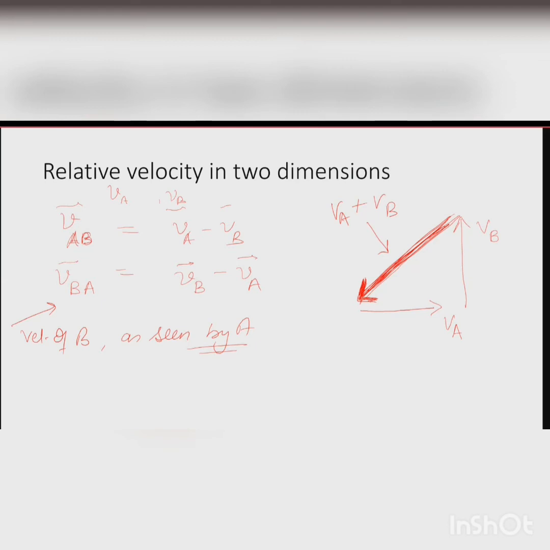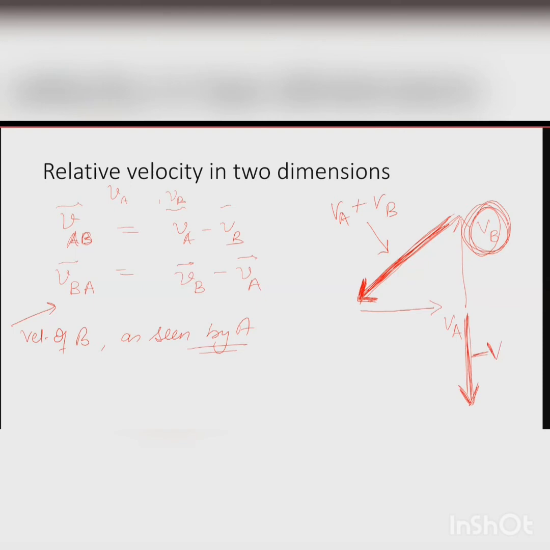So to find the value of VA minus VB, what do I need to do? I need to take the negative of vector B and superimpose it on A. So I add them like this.